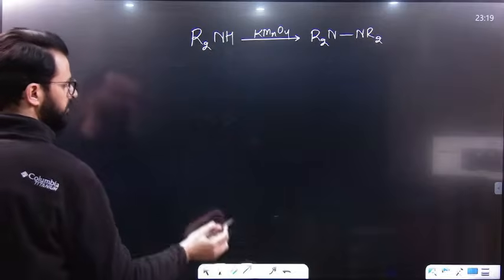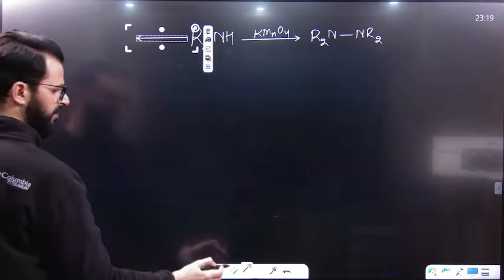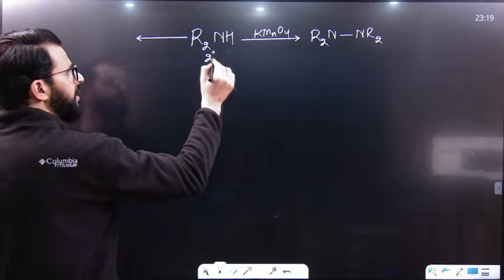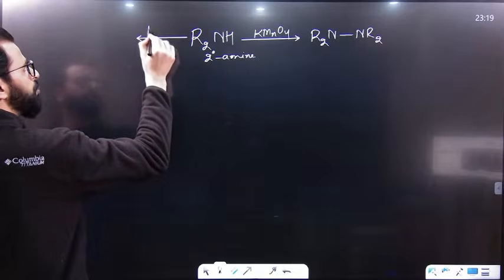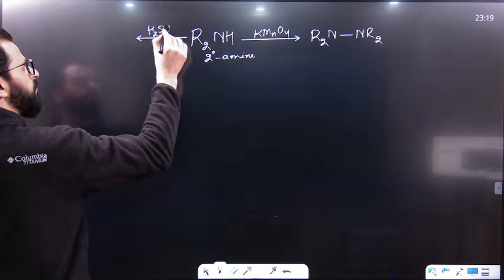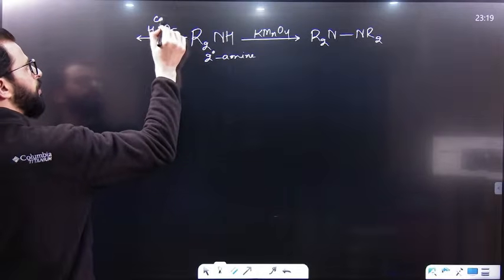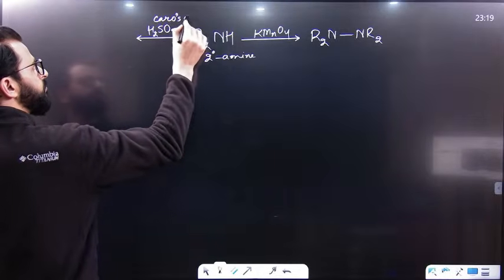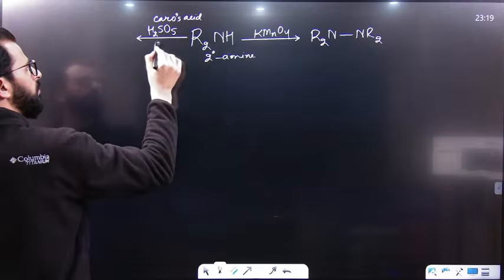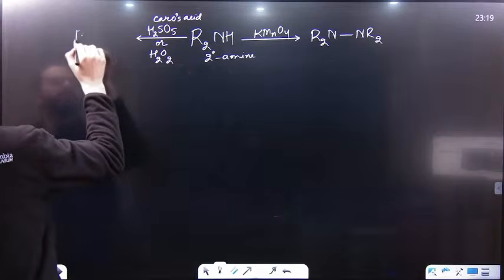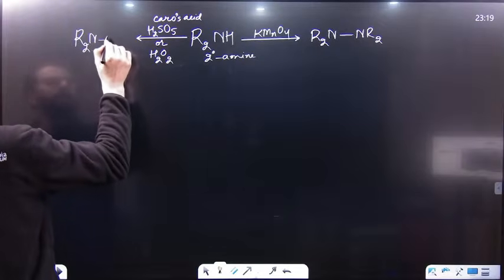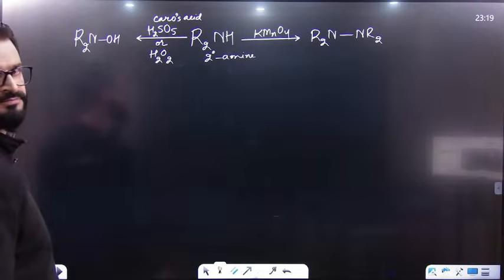And if the same secondary amine undergoes oxidation by using H2SO5, which is known as Caro's acid, or by using H2O2 as an oxidizing agent, then we get hydroxylamine as the product.